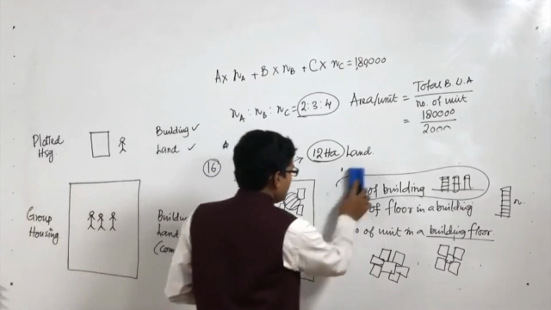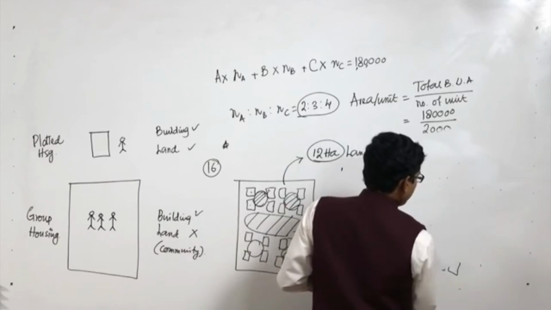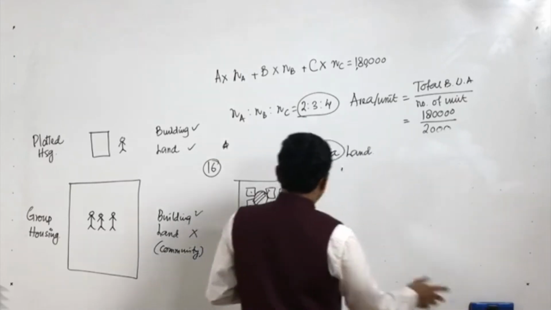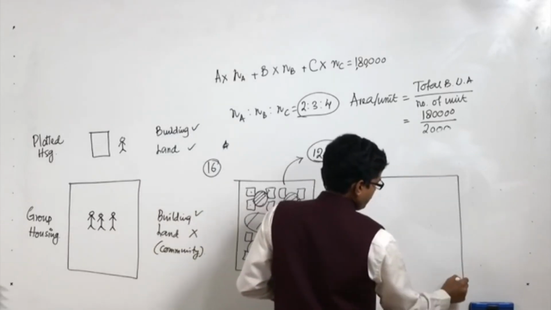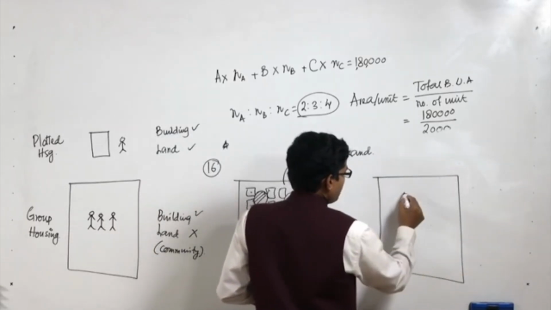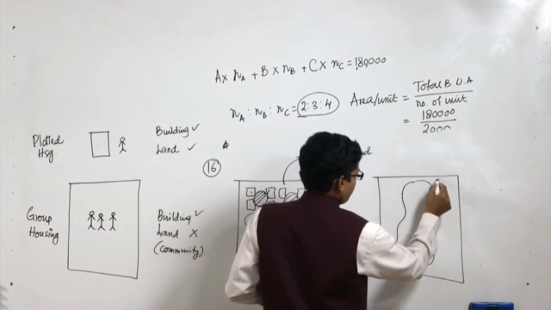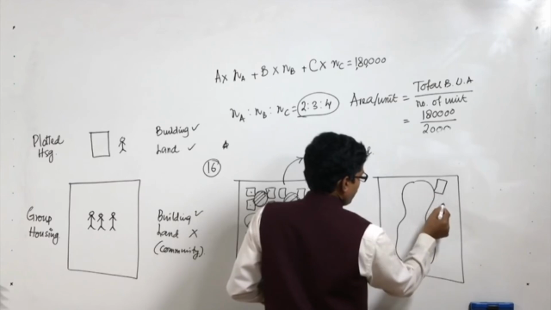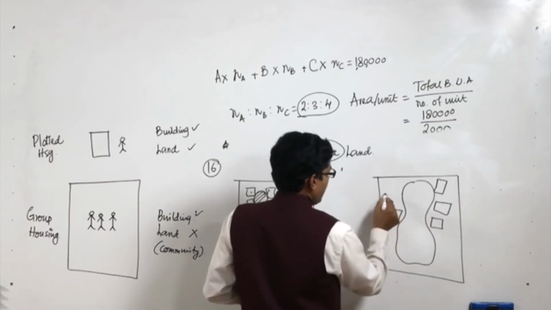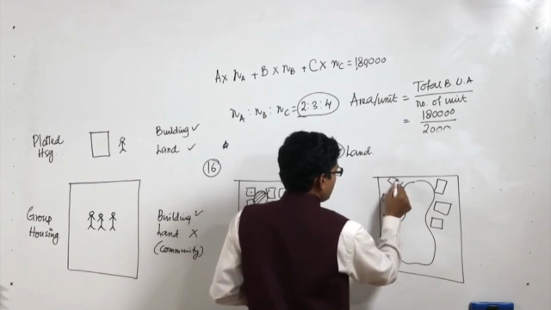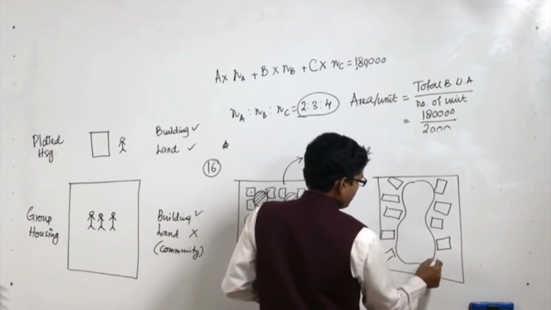Similarly with the plotted housing, another approach could be that we may not distribute based on the hierarchy, but we make a common facility area and place the buildings around the facility, so that each building gets the maximum advantage of the large facility as well.